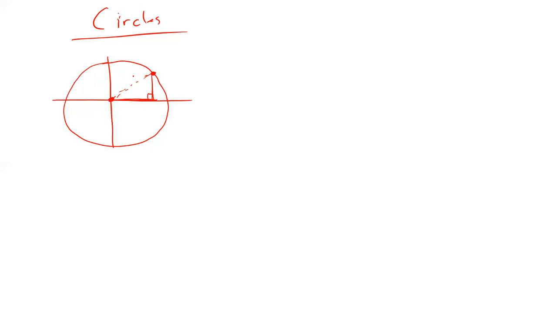If this was X and Y from the origin, and this was R. Everybody okay with the relationship here? That would be a relationship based upon the Pythagorean theorem. It would be x squared plus y squared is equal to r squared. Are we good?